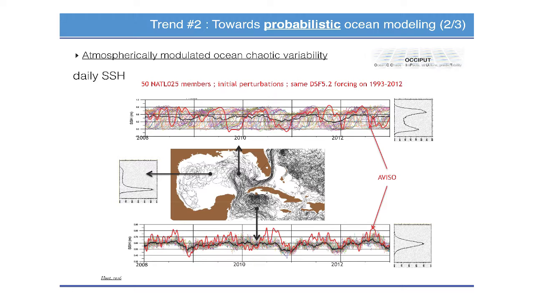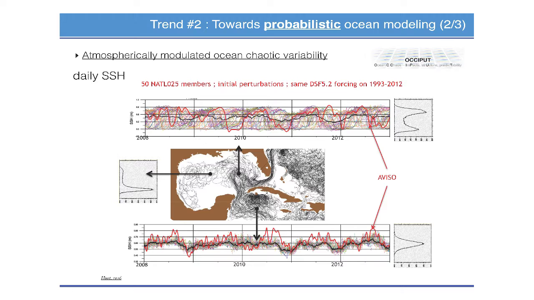But in some other places, like here, within this loop current region, you have a bimodality in the possible states of the ocean, which means that if you were only looking at one single trajectory of the system, you could probably just be missing what could happen with another state. That's point one. And point two is, if you're performing an ensemble and only looking at the actual ensemble average, the state you will get from the ensemble average will fall pretty much here, which is basically the least likely state of the ocean.